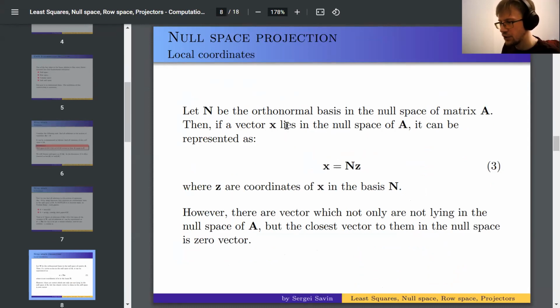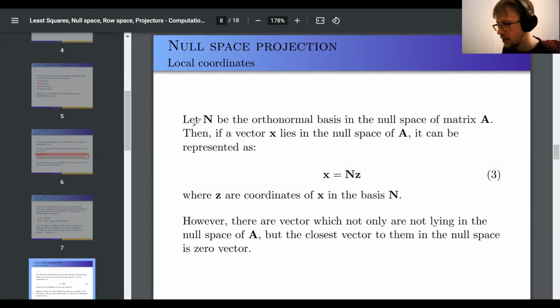so here we can repeat the same thing, but let me just quickly go through it so we progress. Again, N is an orthonormal basis in the null space of A. And if x lies in the null space of A, it can be written this way, as was said previously, and those are coordinates in the basis of N. However, there are vectors which not only are not lying in the null space of A, like obviously, right?